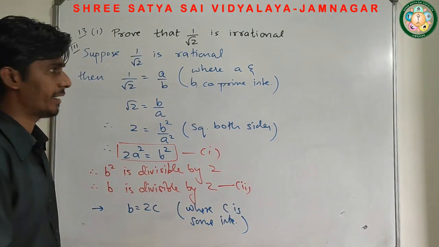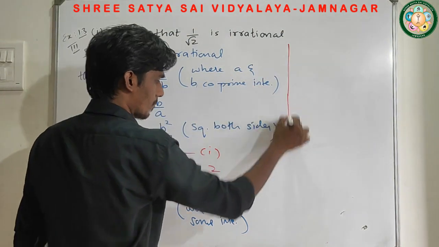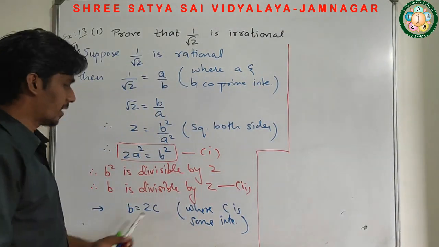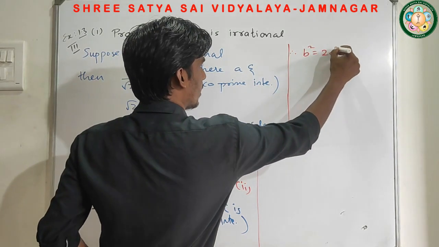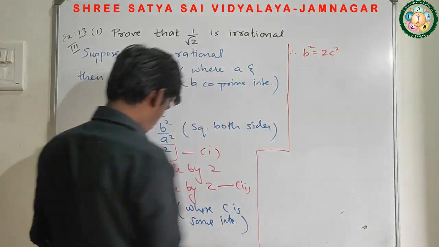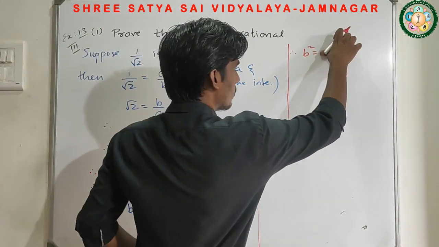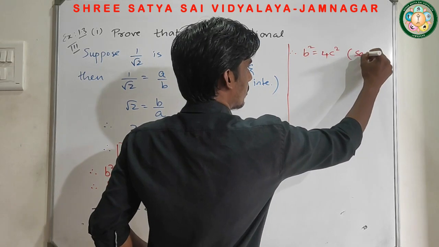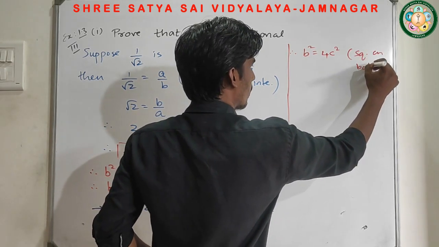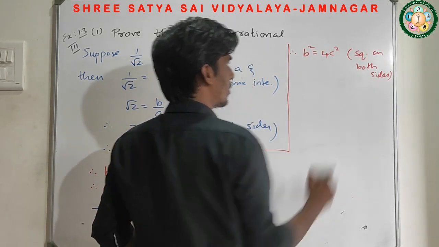Now squaring both the sides, I'll get b square equals 4c square, because 2 squared becomes 4.